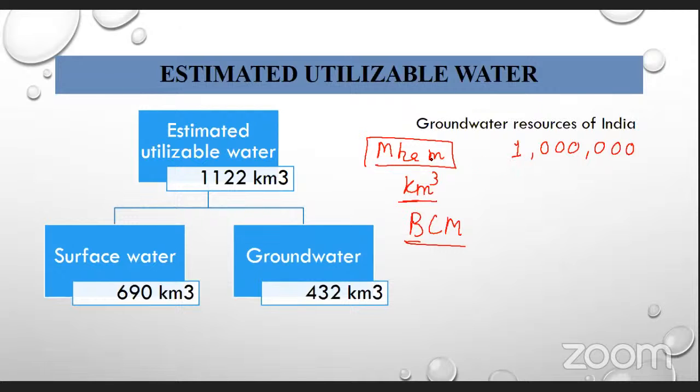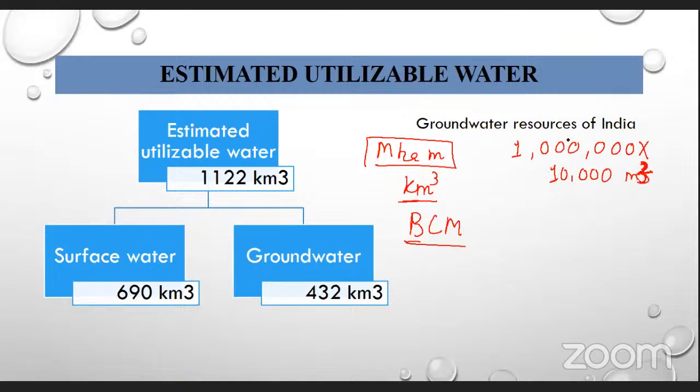So with this million value, you have to multiply a hectare meter. Over here, hectare means 10,000 meter square.